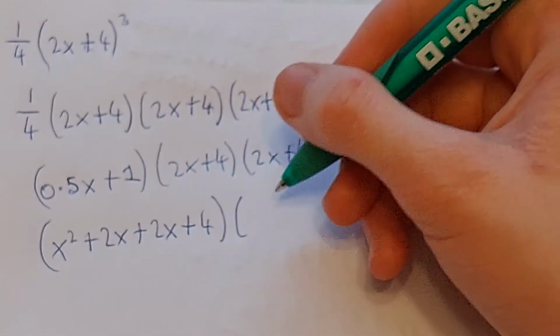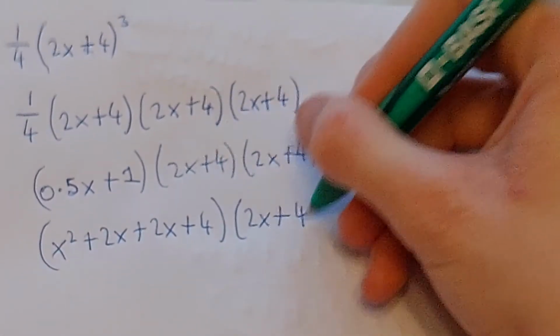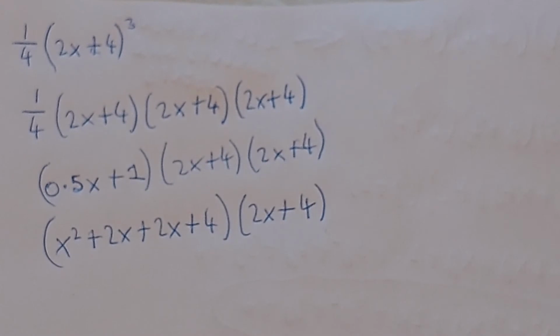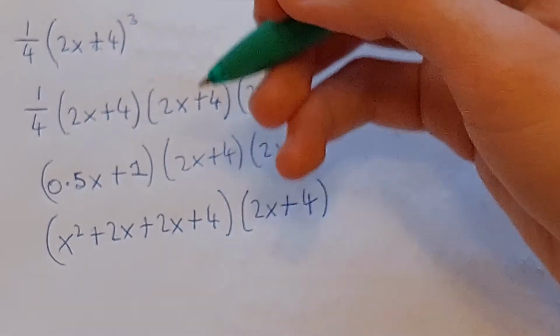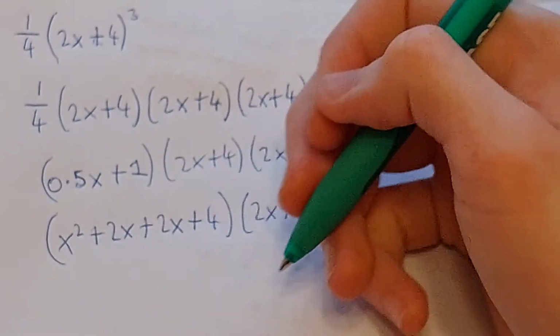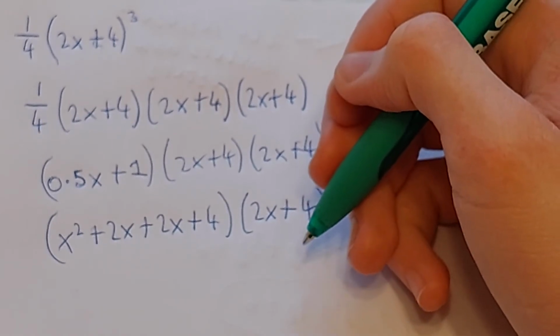We need to times it by the third bracket. So now let's expand it to get the 8 characters as before.